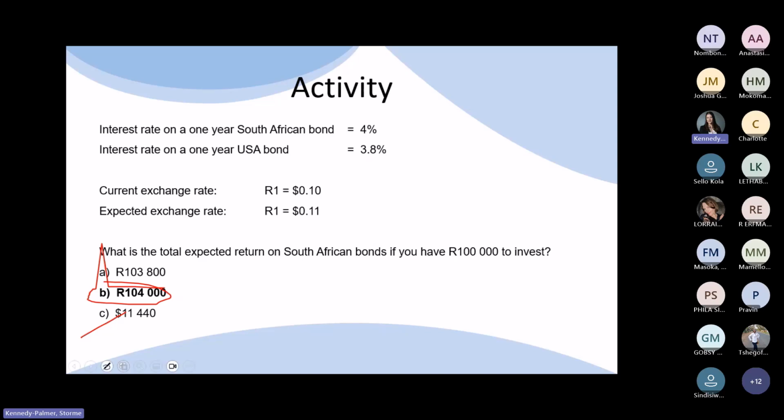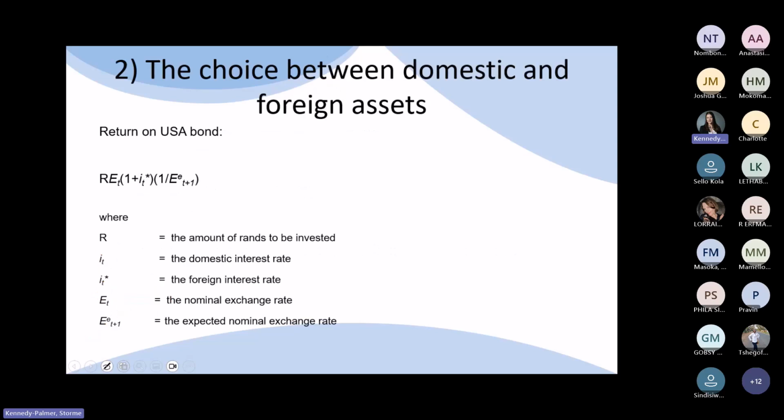So now, if we want to consider investing in the USA bonds, we need to take the exchange rate into consideration. So our formula, understandably, gets more complicated. So now it's going to equal R over E_t times 1 plus i_t asterisk, indicating foreign, close bracket, open bracket, 1 over the expected exchange rate at time t plus 1.